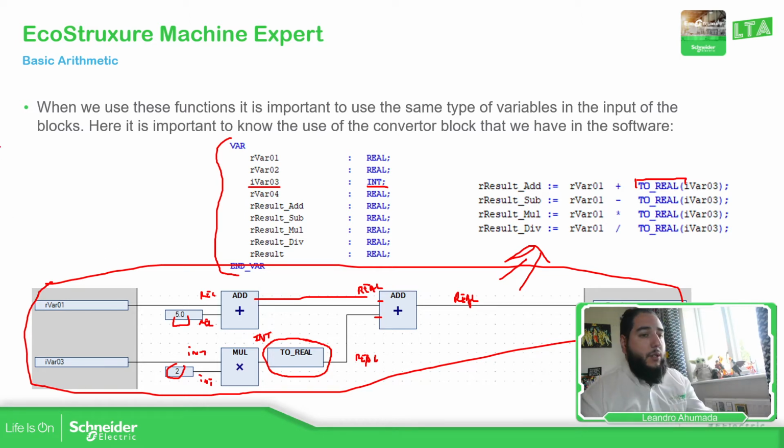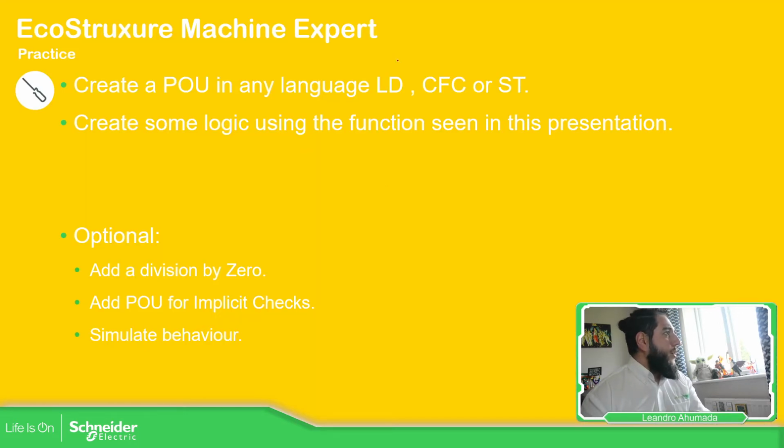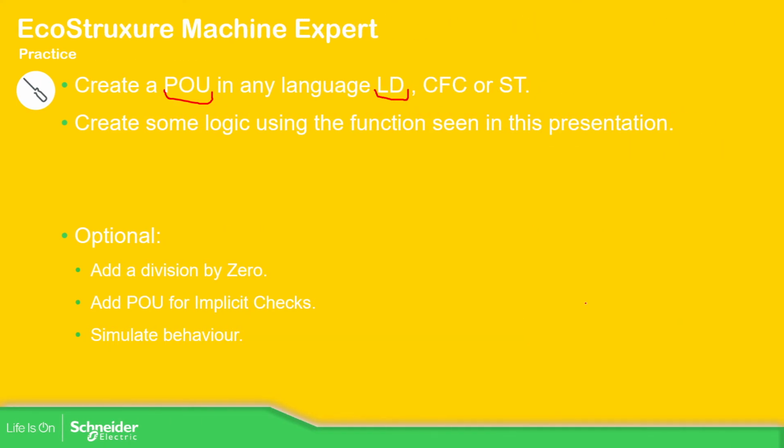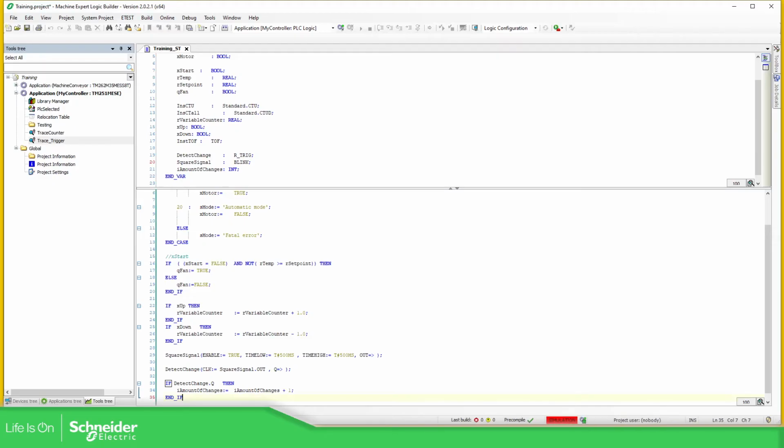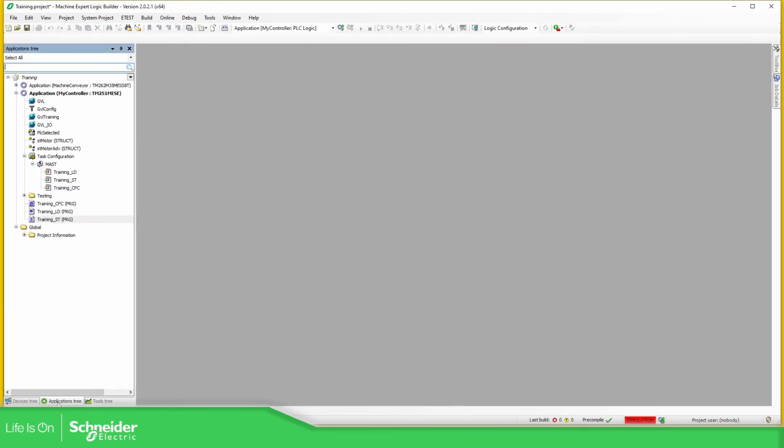If we continue with this, let's add a POU, and I'm going to use ladder. Then I'm going to give a quick explanation of how you can use, for example, SFC, if you are still using structured text or ladder. So let's go back to the software.